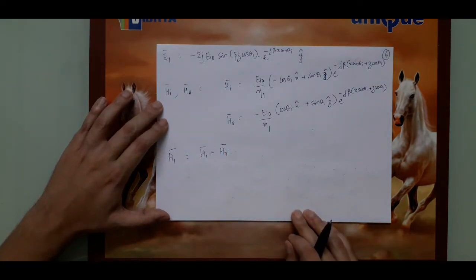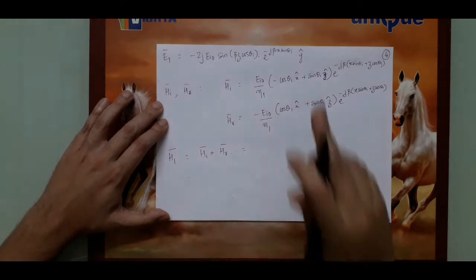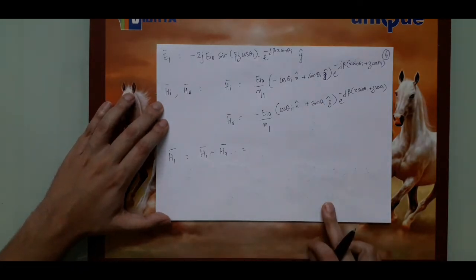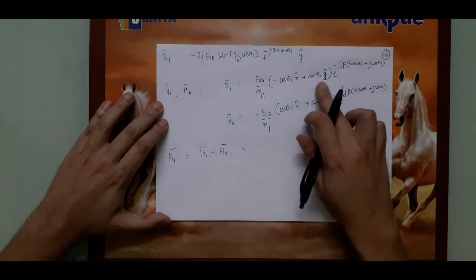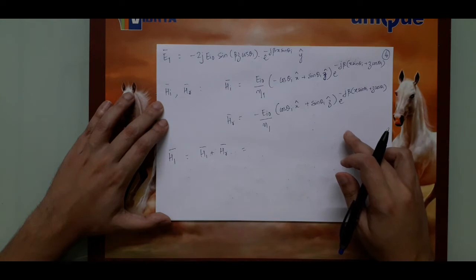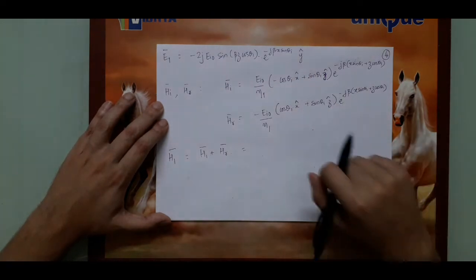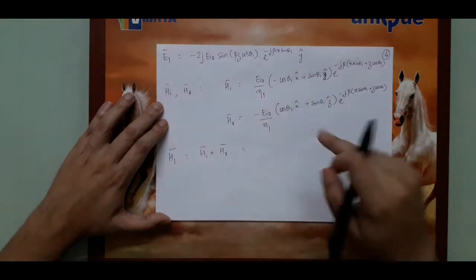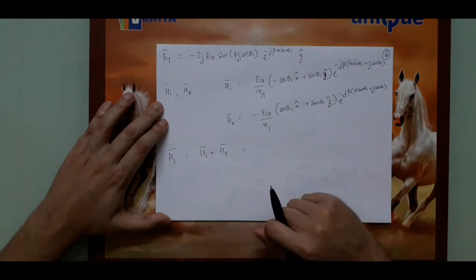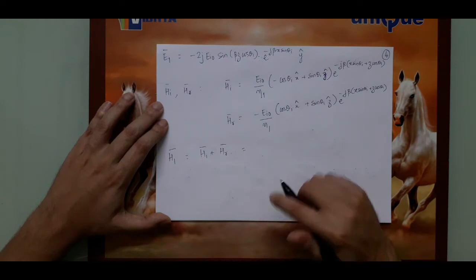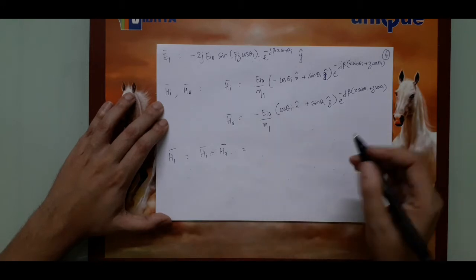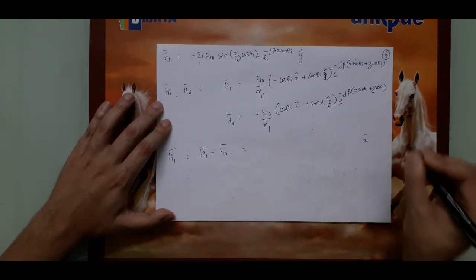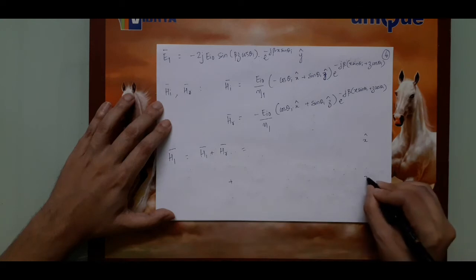So H1, now be very careful, will be an addition of these two terms. I will not write them all over again, but when adding them up, I can group the x components and the z components together. There will be one x component plus some z component.